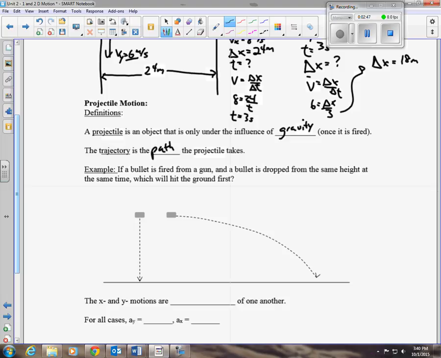So, here's an example. If a bullet is fired from a gun and a bullet is dropped from the same height at the same time, which will hit the ground first? And it turns out they hit at the same time.